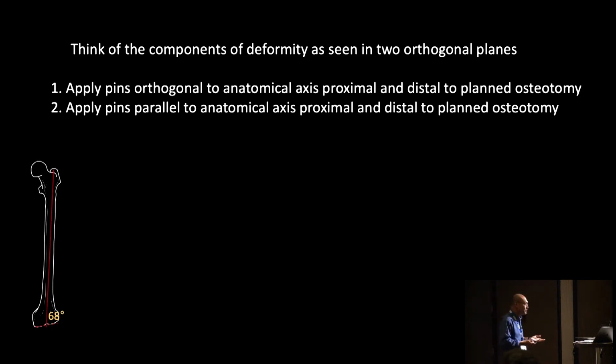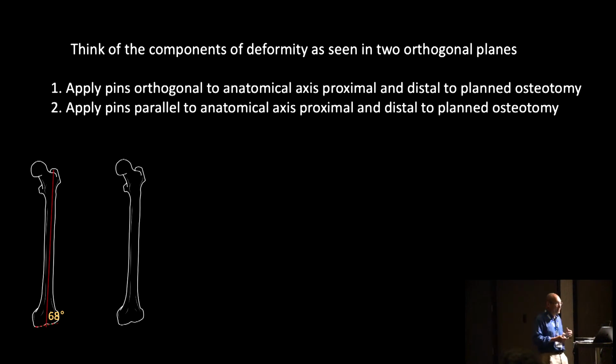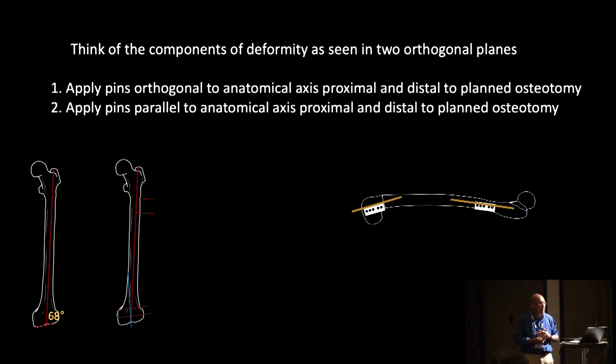And the reason is because if we did the workshop that we did earlier yesterday, if you have an oblique plane, let's say you have a coronal plane deformity as seen on the frontal view, and you place your half pins perpendicular to the anatomical axis proximal to the deformity, and you place them perpendicular to the axis distal to the deformity, and let us then assume that you have a sagittal plane deformity as well, and you place those pins in the clamp parallel to the anatomical axis in the orthogonal view, you are dealing with that oblique plane deformity. That's exactly what you're doing.